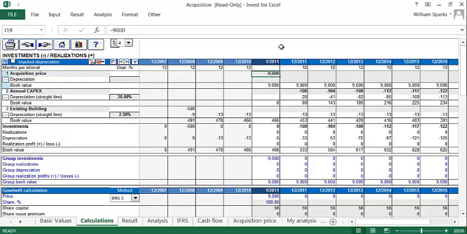But let's take it step by step, and first make a valuation of the company before we enter a buying cost. So let's delete this 9,000 now. Then it would be like any investment calculation, basically.